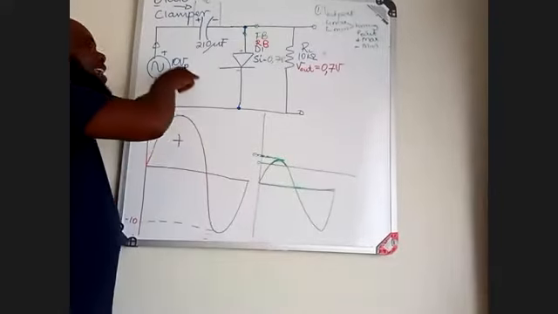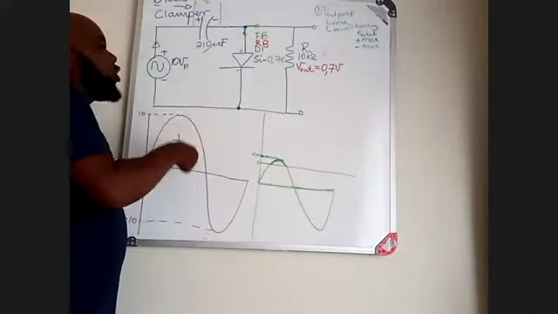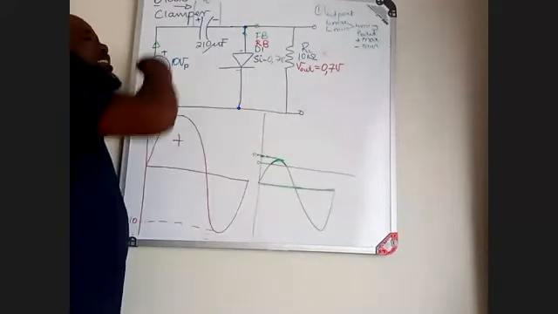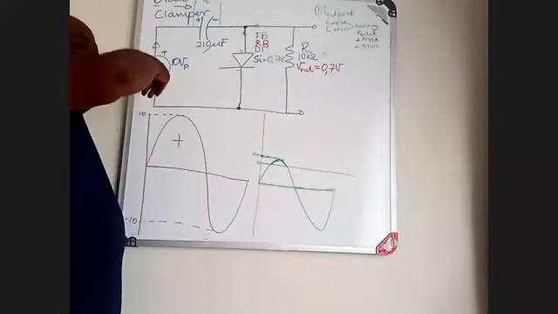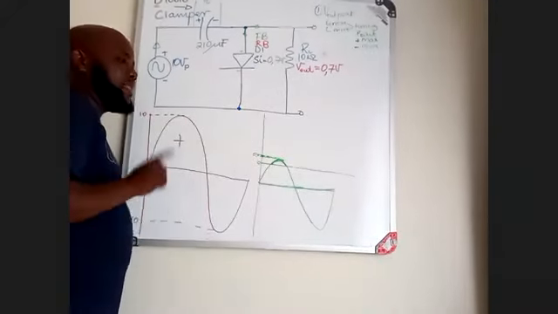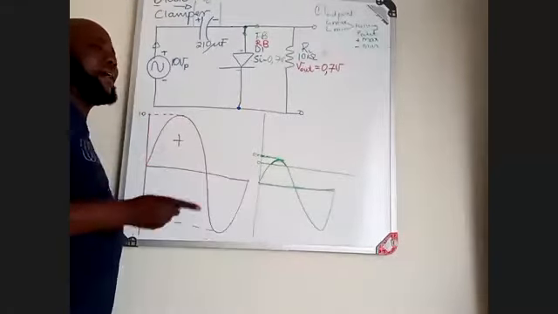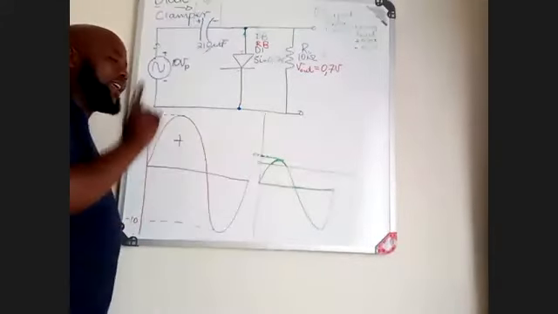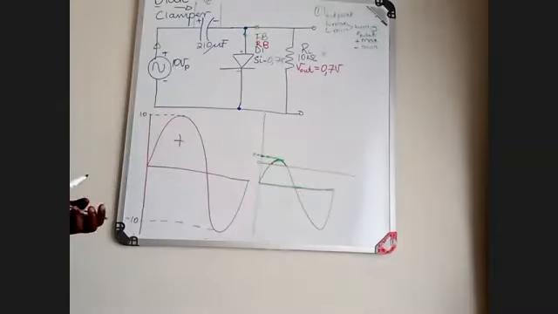Now you will see that this type of circuit, with the replica of the input being shifted downwards, that is your negative clamper circuit.